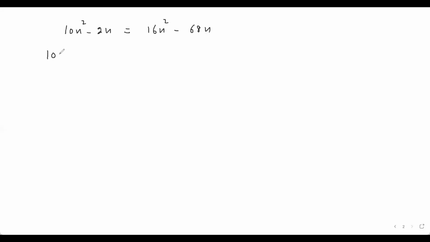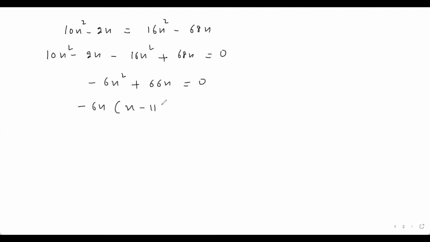Now 10n square minus 2n minus 16n square plus 68n equals 0. It means minus 6n square plus 66n equals 0. Take minus 6n common. You'll have (n minus 11) in the bracket equal to 0.